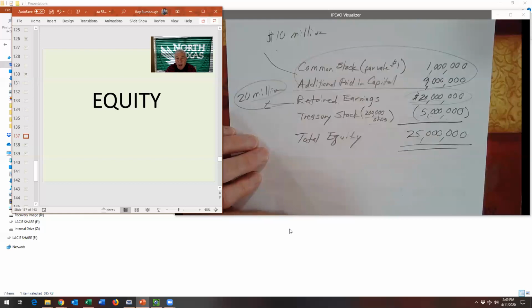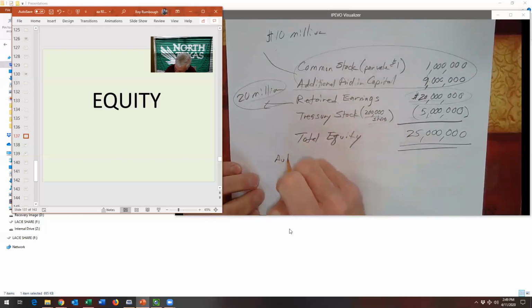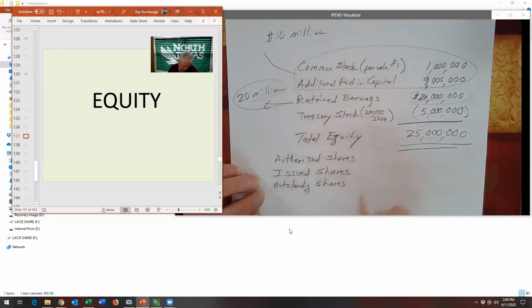Here's another thing you're going to have to know. Some more definitions for you. Authorized shares, issued shares, and outstanding shares.